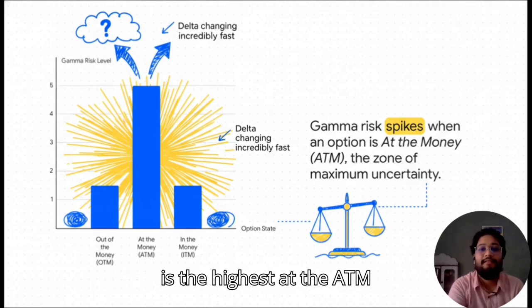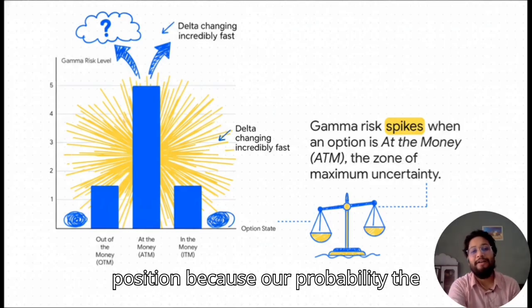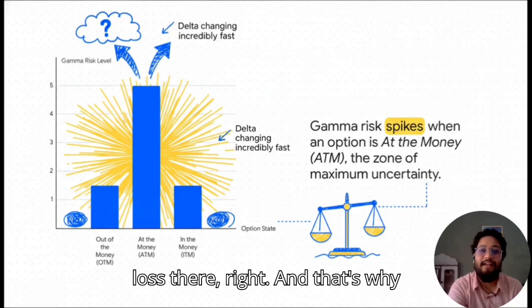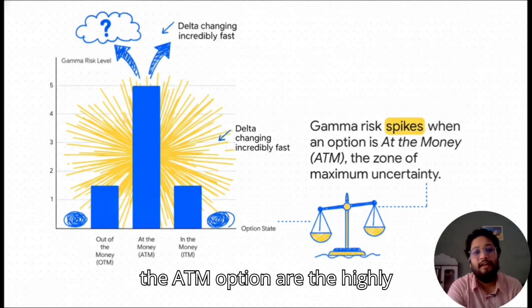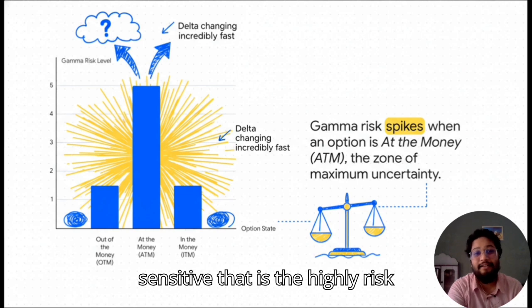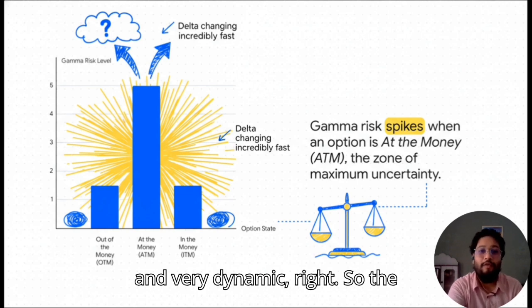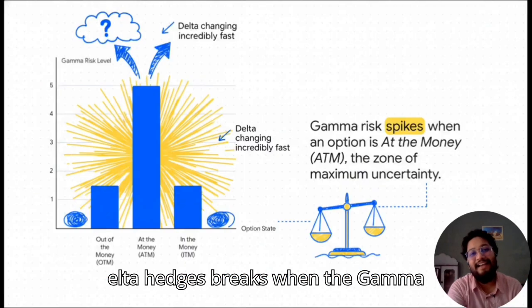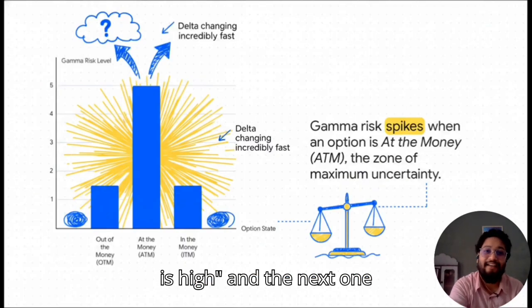Gamma is the highest at the ATM position because the probability flips faster between profit and loss there, right? And that's why ATM options are highly sensitive, highly risky and very dynamic, right? So the bank tracks gamma closely because a delta hedge breaks when gamma is high.